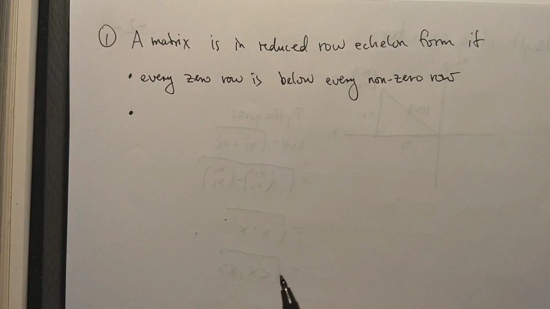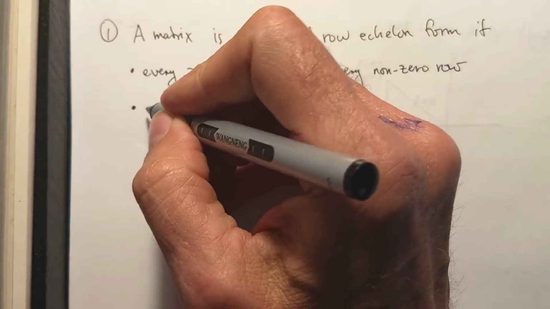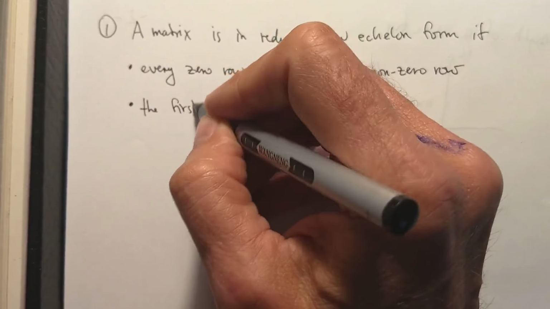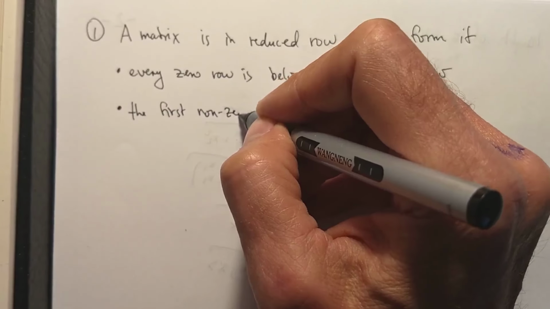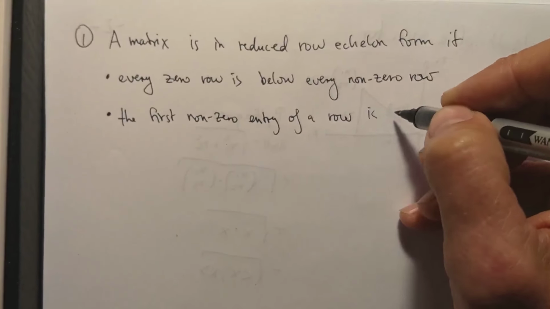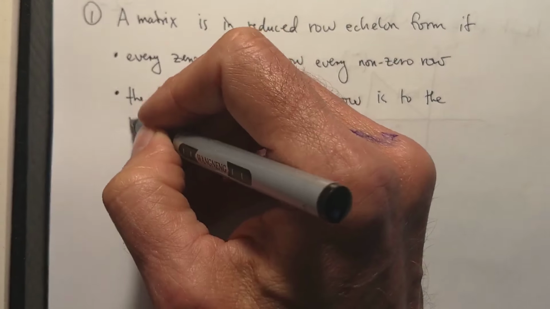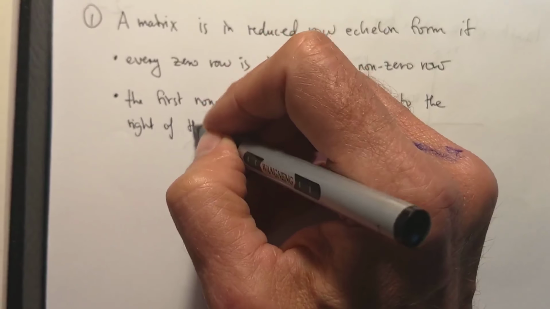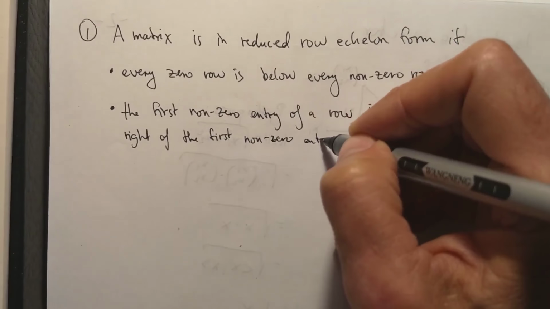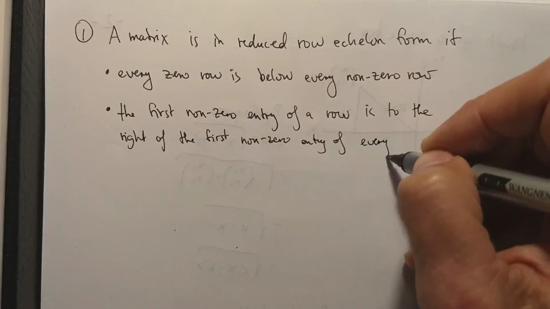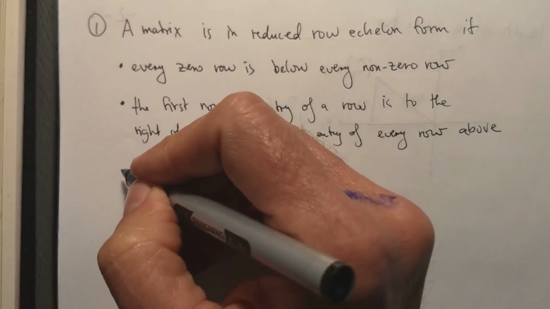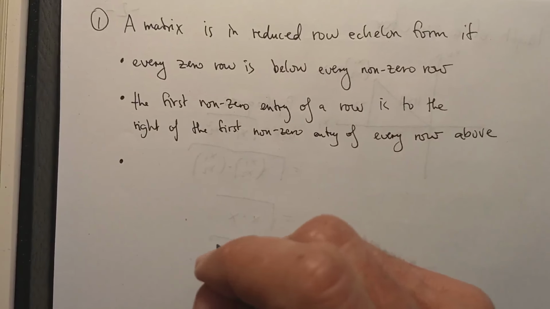Secondly, the first non-zero entry of a row is to the right of the first non-zero entry of every row above. Right, that's the echelon form shape.